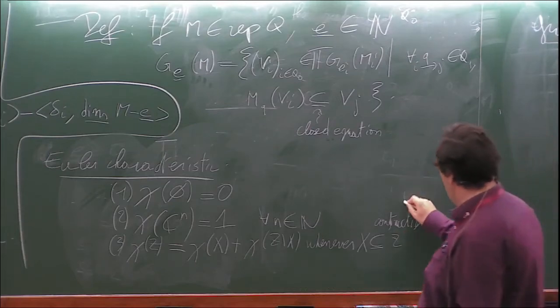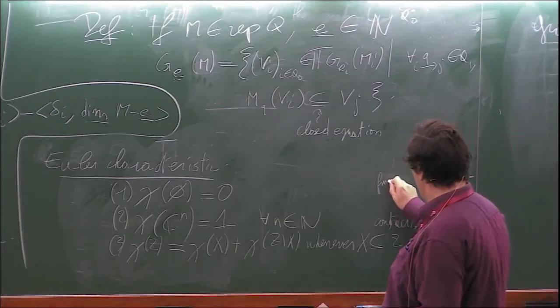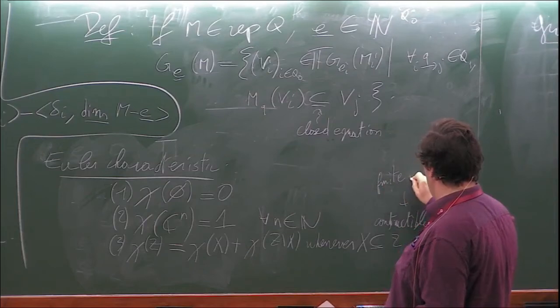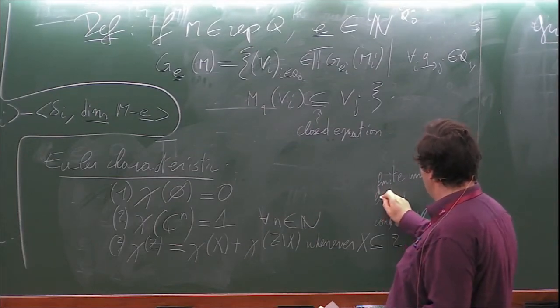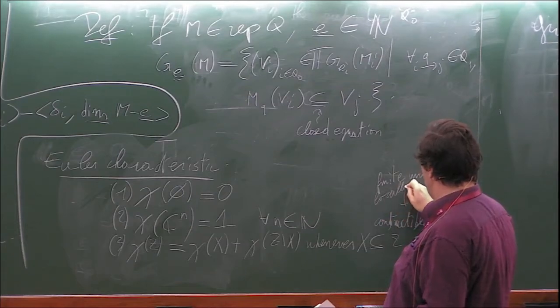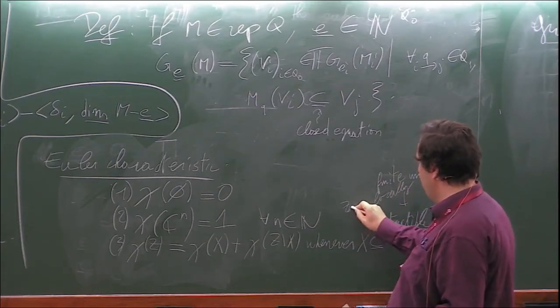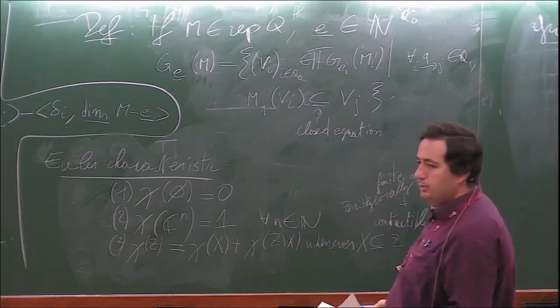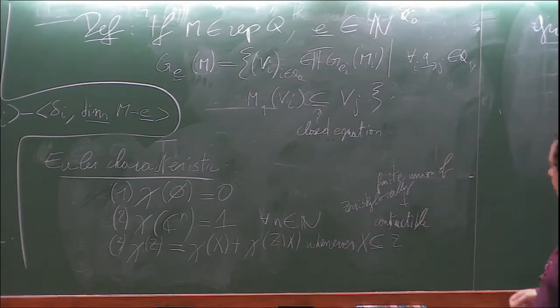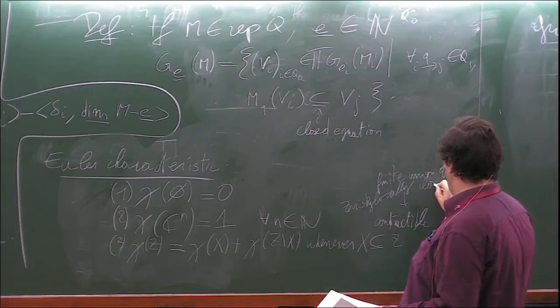It means a finite union of locally closed sets. And I should say Zariski locally closed. Each time I use some topology vocabulary, it's for the Zariski topology.